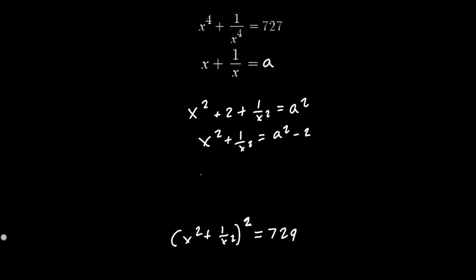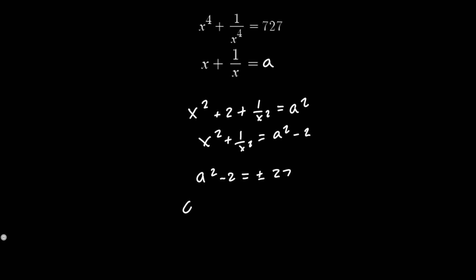So this will be a squared minus 2, and that is equal to plus or minus the square root of 729, which, as you can guess, is 27. What we're going to do now is simply solve for a.